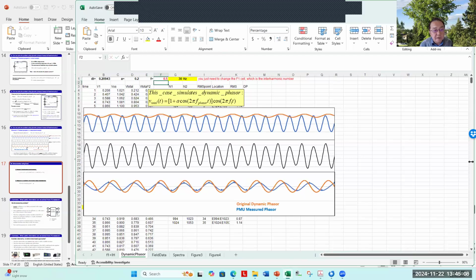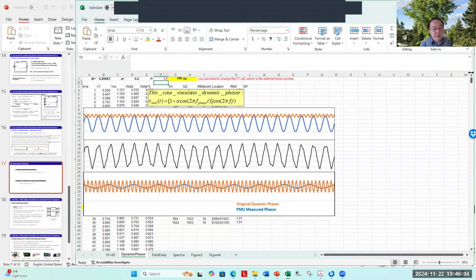Okay, now if we go with 0.5, that's a boundary, 30 hertz. That's a boundary that already has some differences, okay? One difference is because of the curve fitting, the blue curve I used the Excel scattered plot for the curve fitting here, okay? Now, if you go to say 3.5, the frequency goes high.